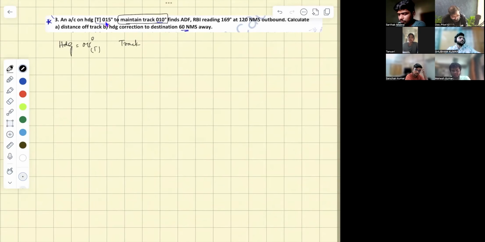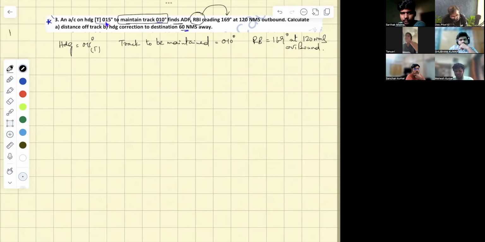Track to be maintained is 010 degrees. It finds itself with an RBI reading, relative bearing indicator reading, of 169. The relative bearing indicator will show relative bearing, that is 169 degrees, at 120 nautical miles outbound away.